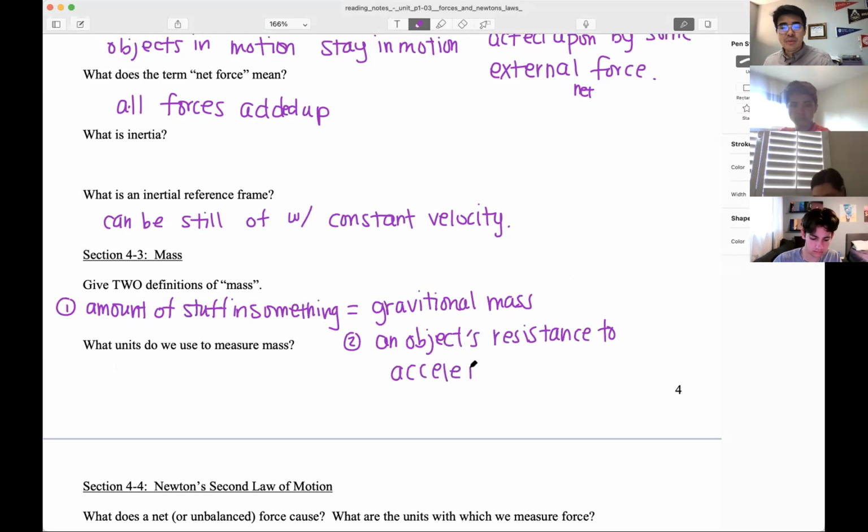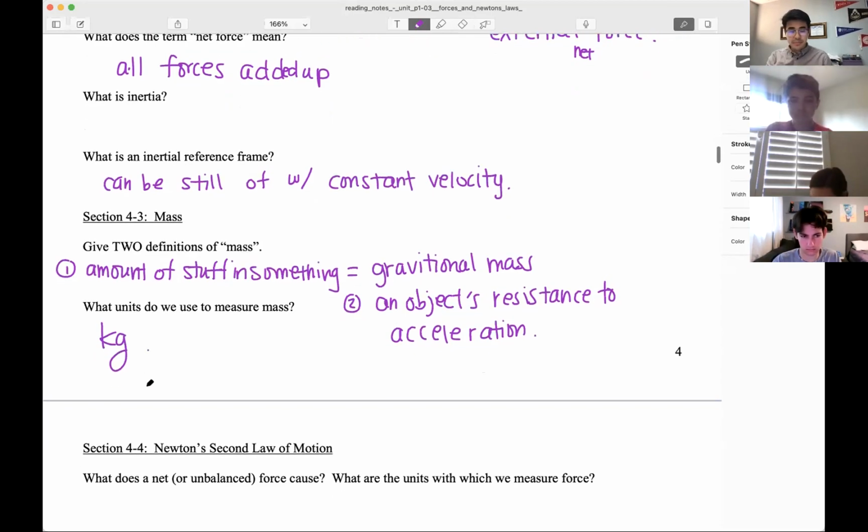And that should make sense from our physical perspective, right? It's really easy to flick a tiny rock, it's going to go flying, versus if I have a gigantic boulder, it's going to resist my motion because it has more mass. And then what units do we use? Kilograms, obviously. Okay. Any questions on that?